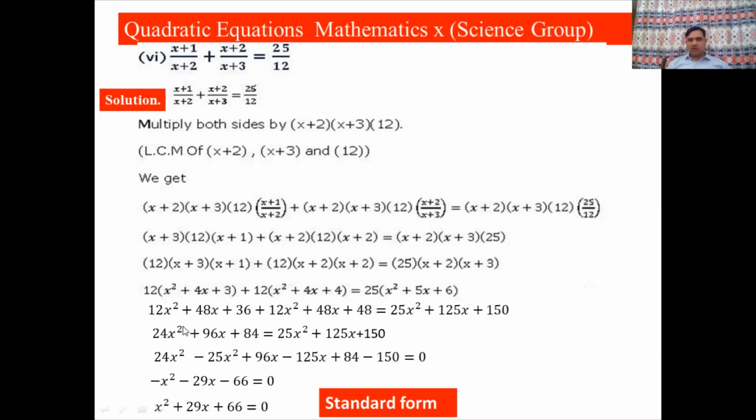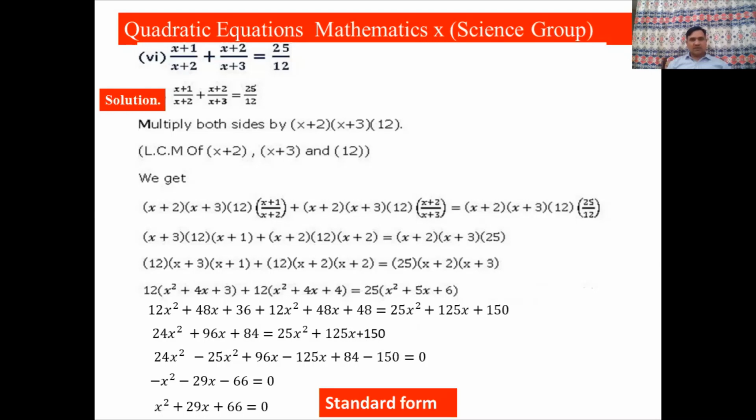This is 24, this is 48, and this is 48. When we add up these both terms, we have 96x. This is 36, and this is 48, and when we add up these terms, this is 84. On the right hand side, we have 25x square plus 125x plus 150.